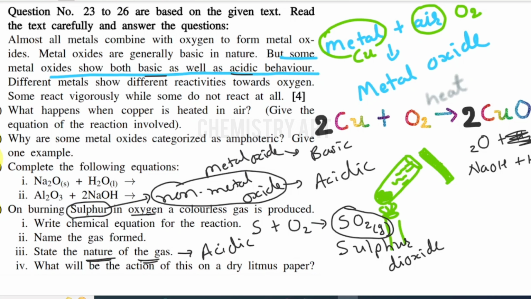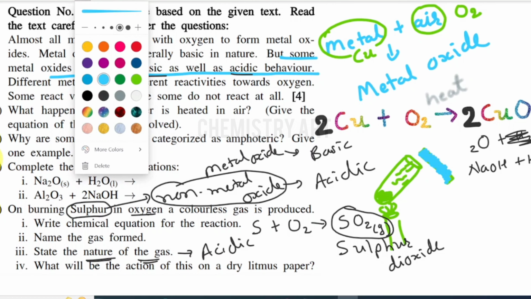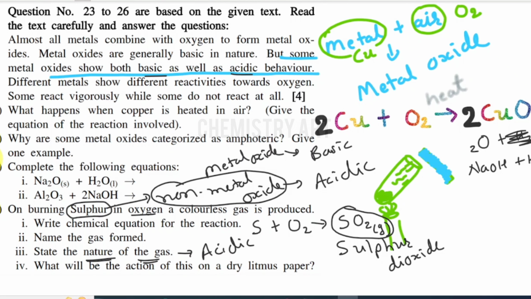How will you check? On the action of litmus paper, if we take a blue litmus paper, the color of the litmus paper must change. If we take a moist blue litmus paper, when the gas comes in contact with it, it will turn red. It means that the gas which is evolving, sulfur dioxide, is acidic in nature.